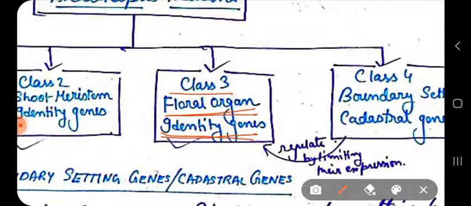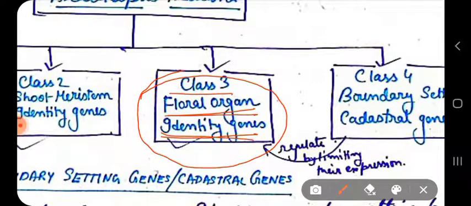So they are going to get their identity by the expression of the following genes. Understood? By the expression of these floral organ identity genes, the organs are going to get their identity.